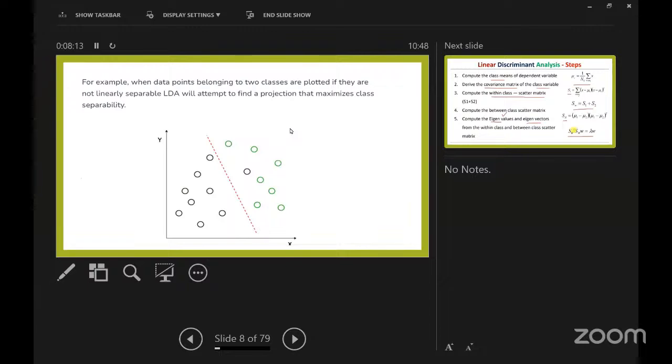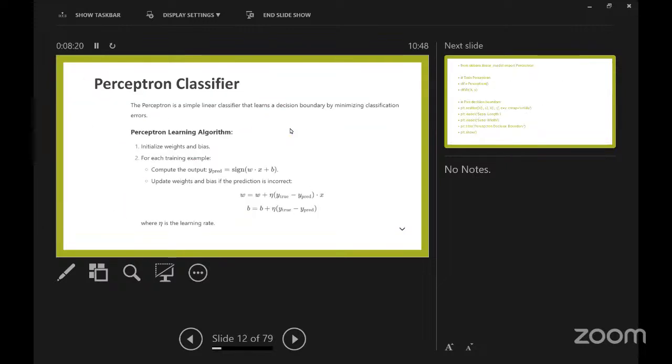Do we get the error in classification in LDA? But by using the perceptron classifier, we are going to classify the data by minimizing the error. By minimizing the classification error, the perceptron classifier can be used to classify supervised trained data.